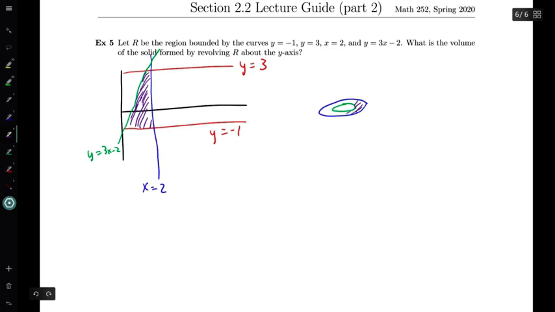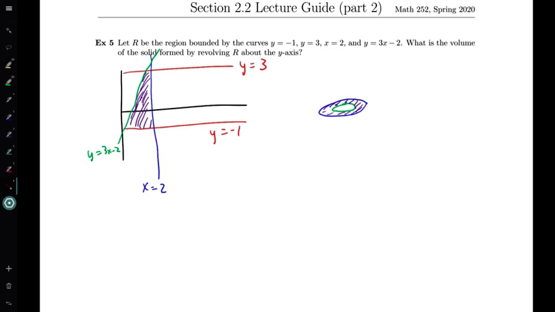And the shaded region that I have here is this. I can say that the radius of each circle is determined by the x values here, since I'm revolving about the y-axis. So the radius of the blue disk is going to be the x value of the blue line, and the radius of the green disk is going to be the x value of the green line.